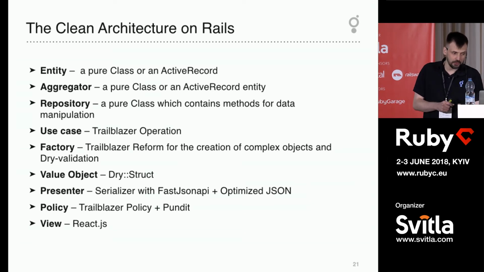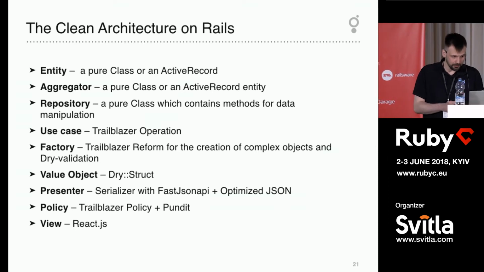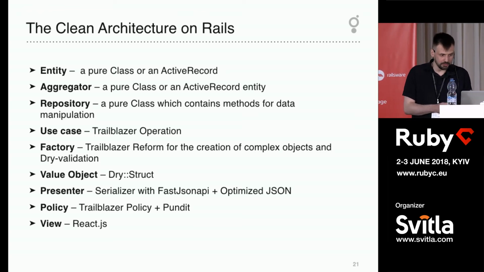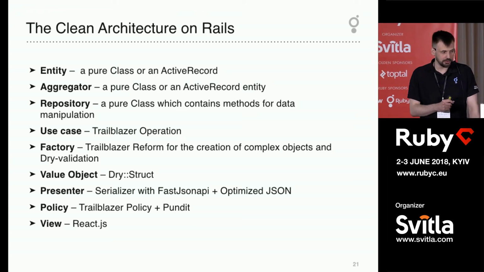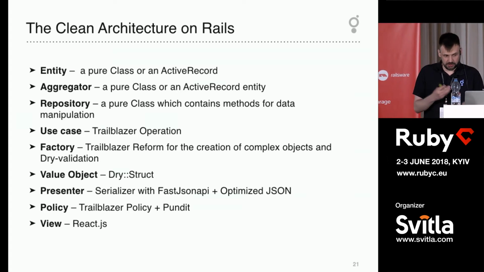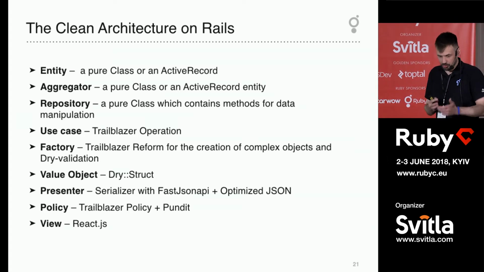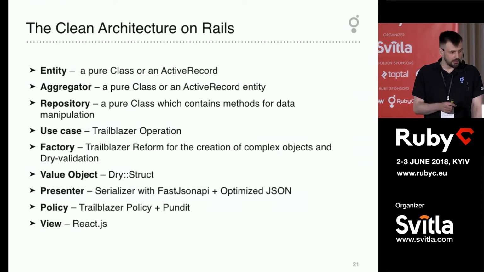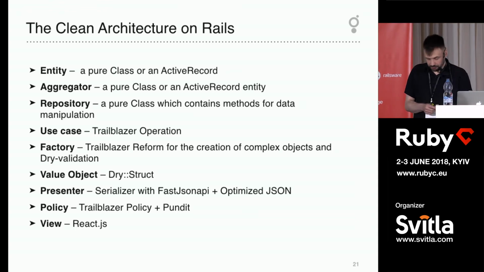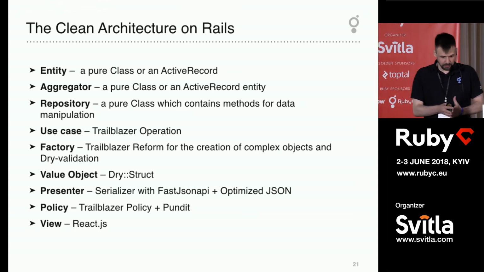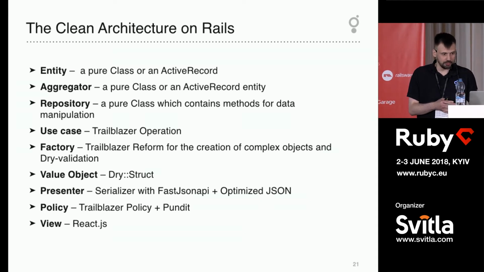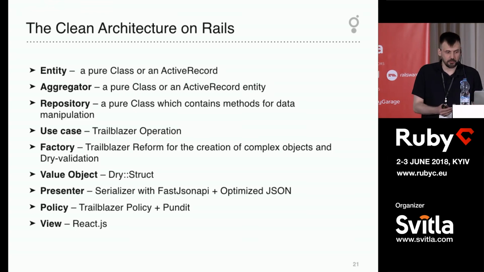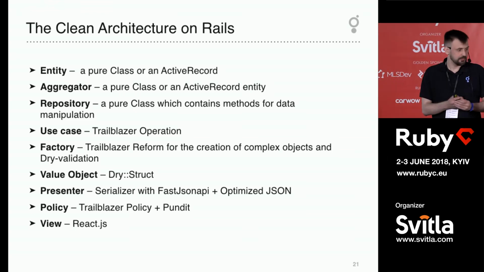For a factory, we chose Trailblazer Reform because, in our opinion, it's a really good implementation for a factory. This is the way we put data into our storages, into our database. Value object, a struct: we plan to use value objects for manipulating data between services when we move to microservices.